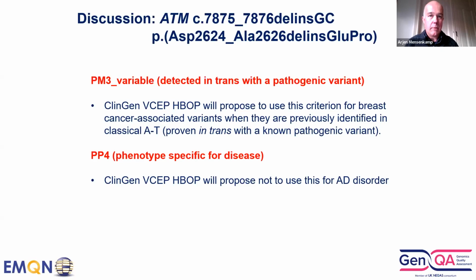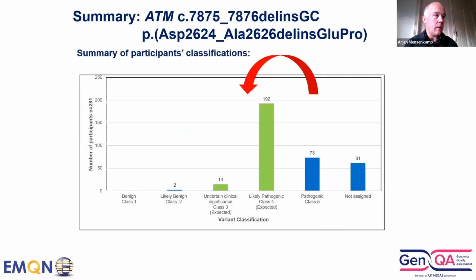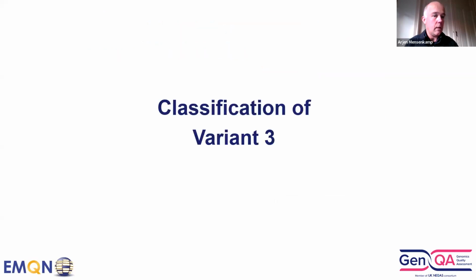So we did not apply PP3. So altogether, class 4 likely pathogenic is the most likely outcome for this variant. Most labs did find it as well, although some labs also came up with a classification of class 5 pathogenic. I would like to end here and give the floor to Andrew for the second set of variants.